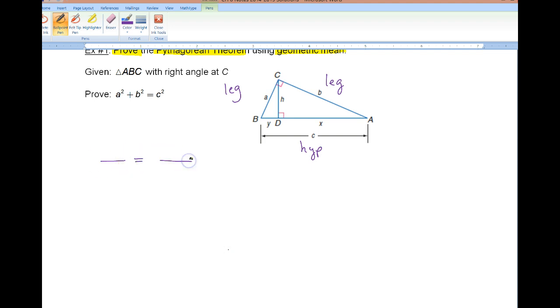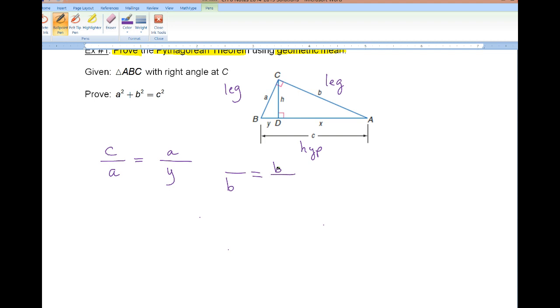for the two legs. Let's start with A. This leg, A, is the geometric mean of the hypotenuse and the segment adjacent to that leg. So we're going to put A here and here. And then C is the hypotenuse, and the segment of the hypotenuse adjacent to that leg is Y. Let's do the same for B. This leg, B, is the geometric mean of the hypotenuse and the segment of the hypotenuse adjacent to that leg.